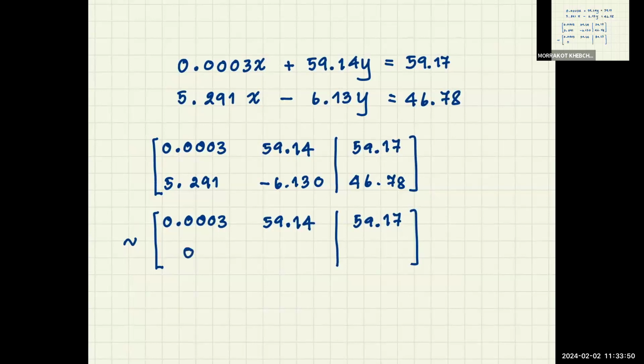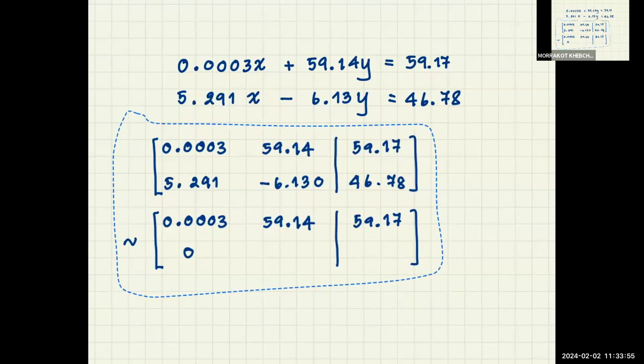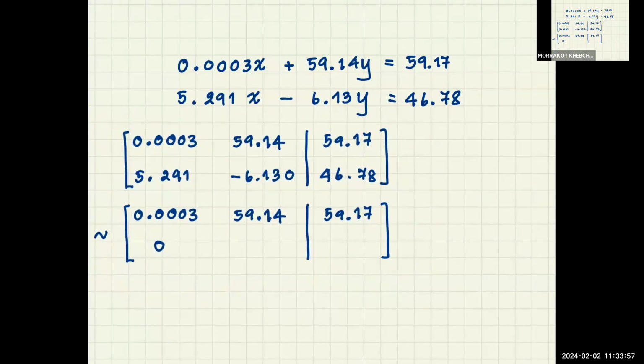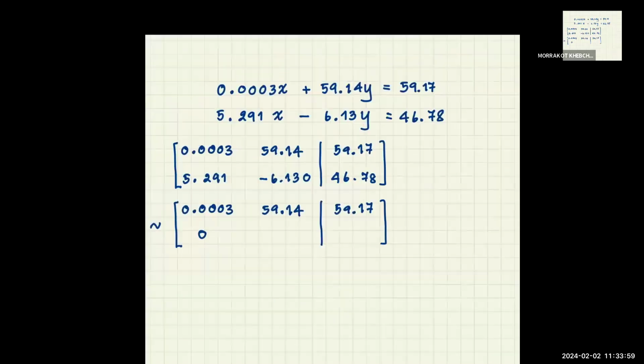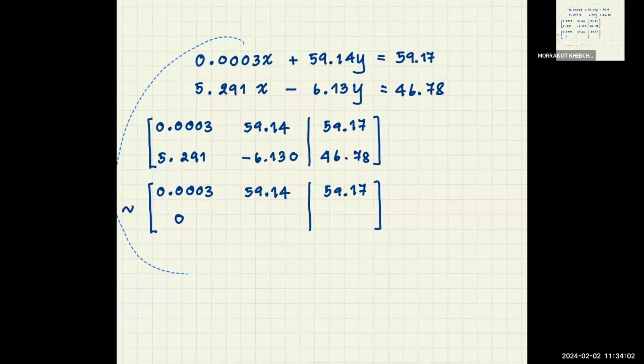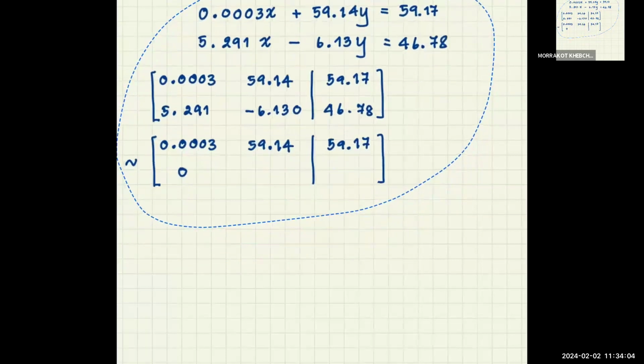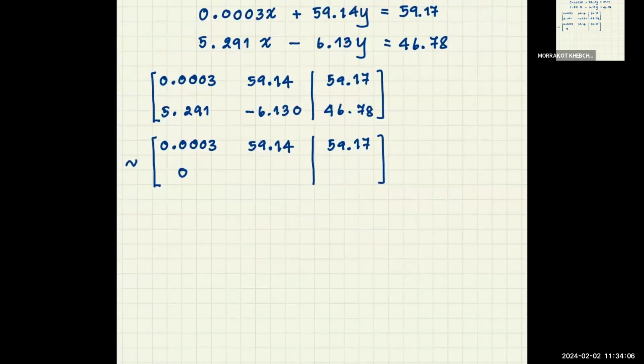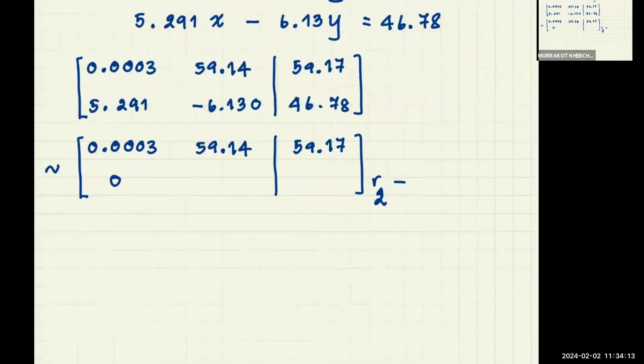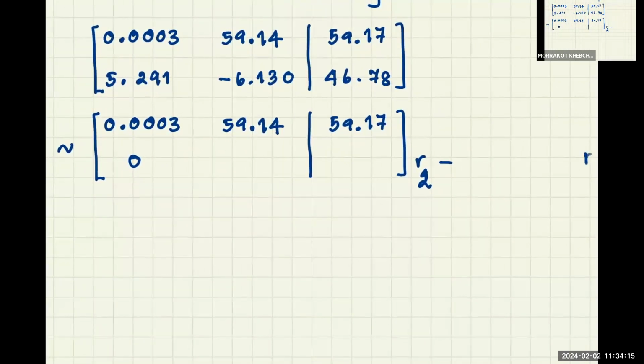To make this 0, I have to use R2 minus something, R1 divided by 0.0003.